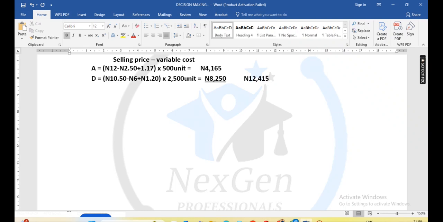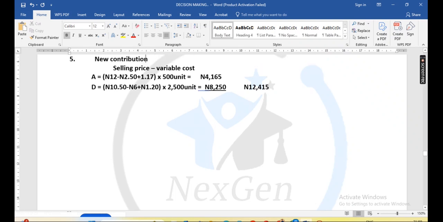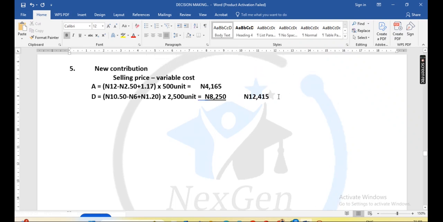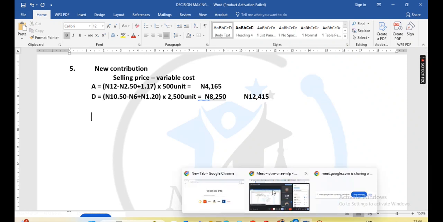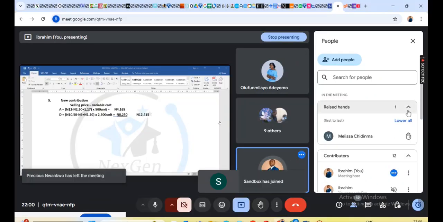Now we will compare so that we will know the impact. What is their old contribution? Then we can compare the two together and say what the effects will be. That is what we want to do, right?